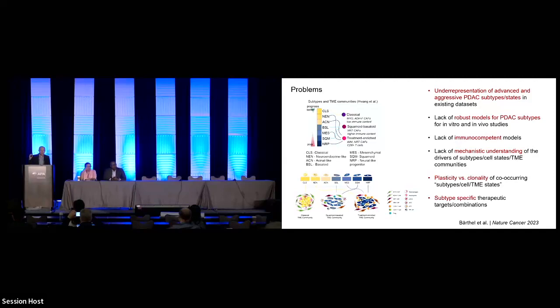One is clearly the underrepresentation of advanced and aggressive PDAC subtypes or states in our datasets, and also the lack of models for these different subtypes or states that are robust and which we can use in a reproducible fashion.